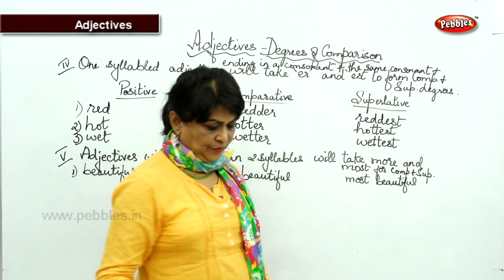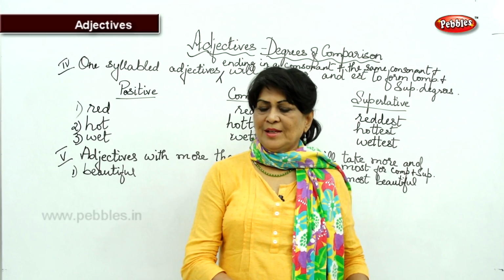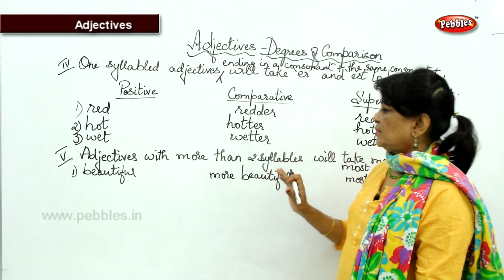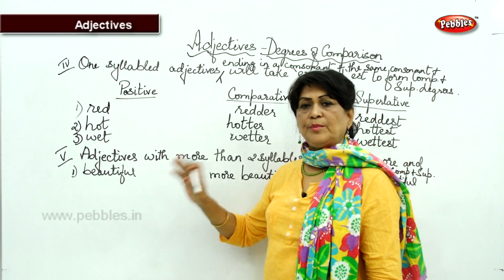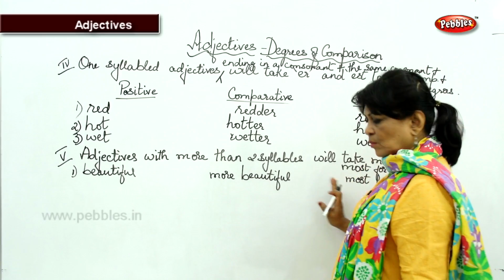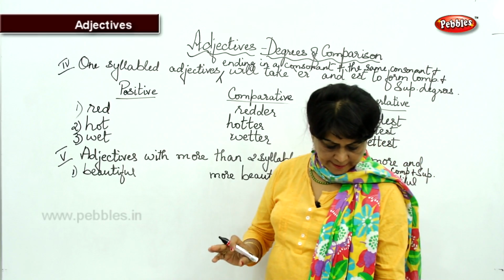Okay, more beautiful and most beautiful. See, because it has more than 2 syllables, that is, it has 3 syllables, isn't it? Beautiful. So, we have more and most for the comparisons.